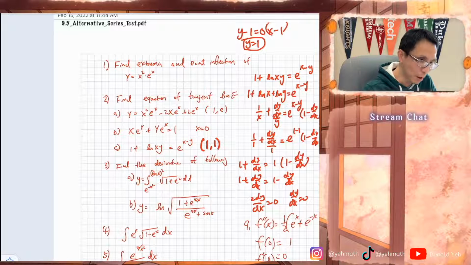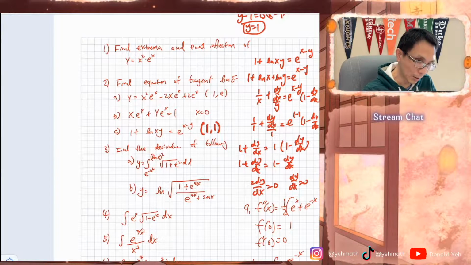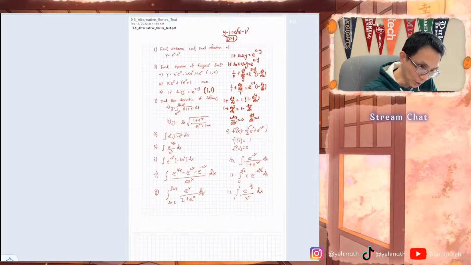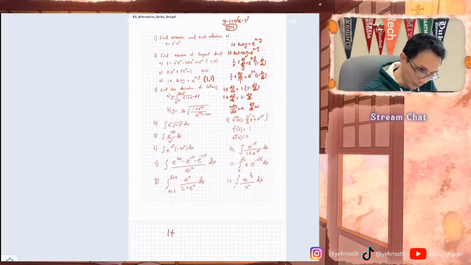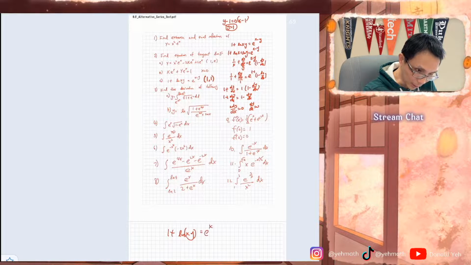Now, I'm going to show you the wrong way of doing something, which is to evaluate dy/dx. That part you can choose to do, but then you are not answering the question. So let's say I have 1 plus ln of xy equal to e to the x minus y.